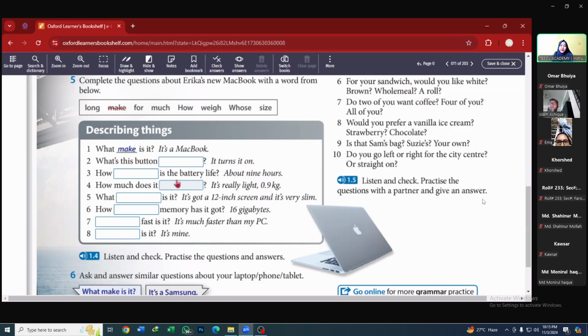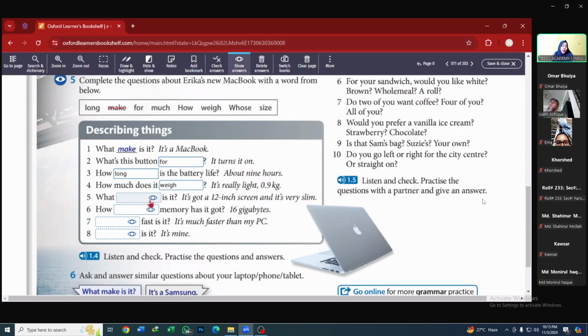So now that we got the correct answers, the first one was, what make is it? It's a MacBook. Number 2, what's this button for? It turns it on. Number 3, how long is the battery life? About 9 hours. Number 4, how much does it weigh? It's really light, 0.9 kg.